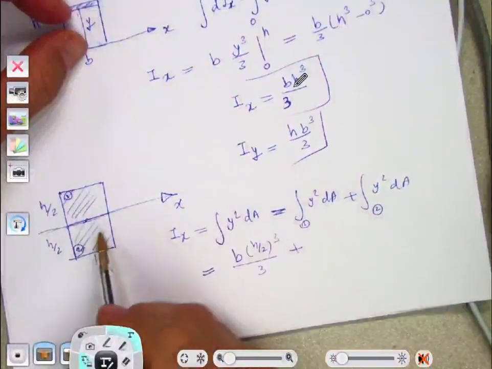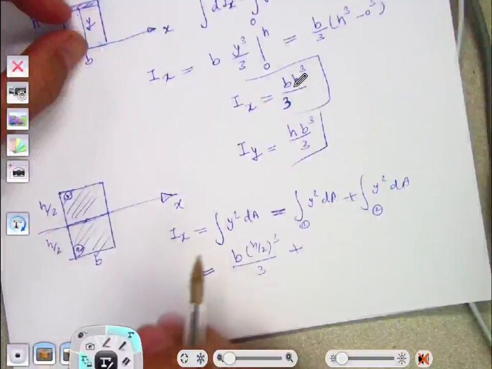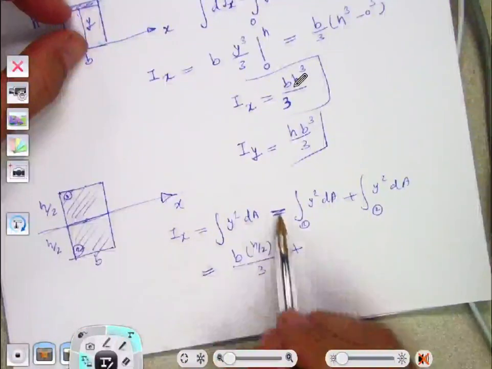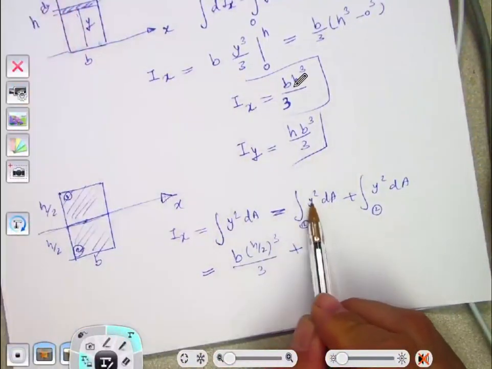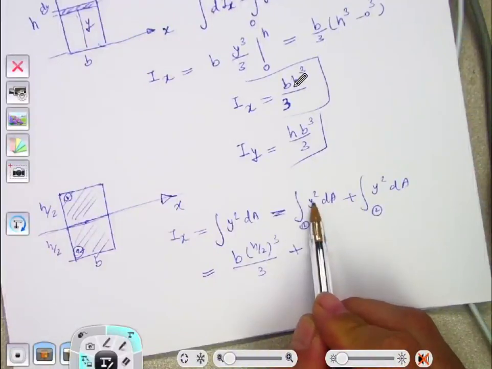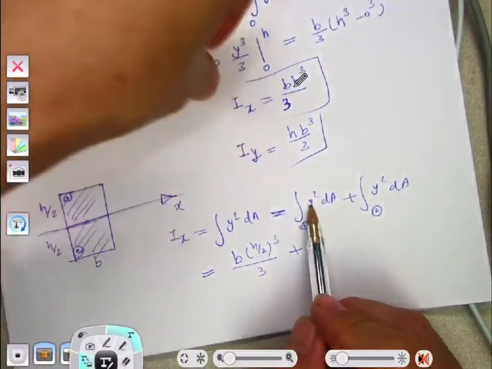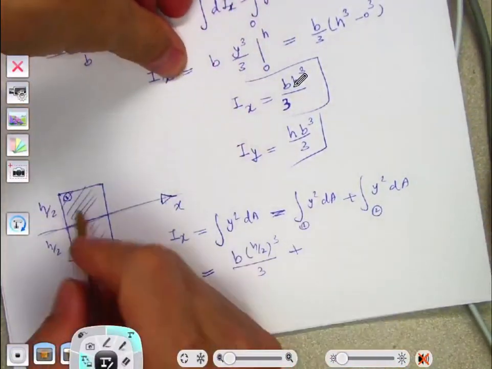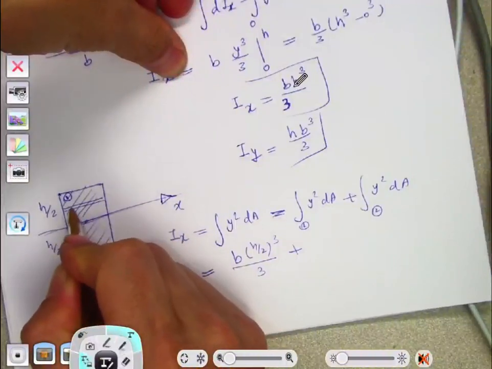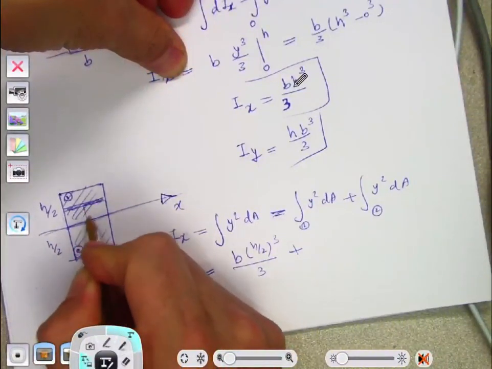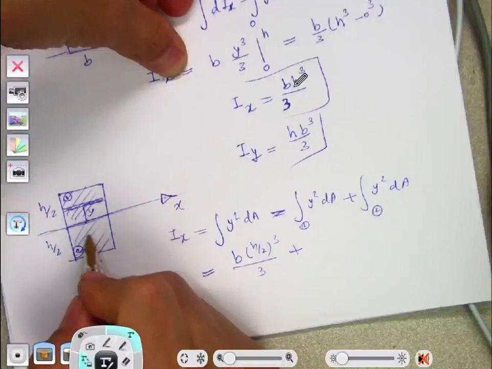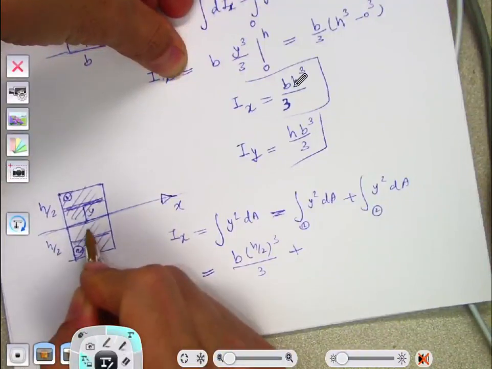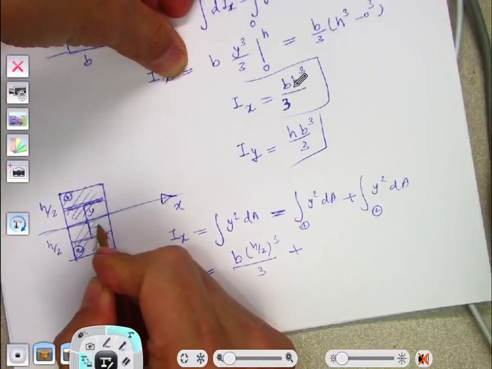Something else you notice here is the formula for moment of inertia. This is y squared. y is the distance of a differential element, squared. So if you have the differential element here, this is your y, right? If you have a differential element at the bottom, your y is going to be negative y.